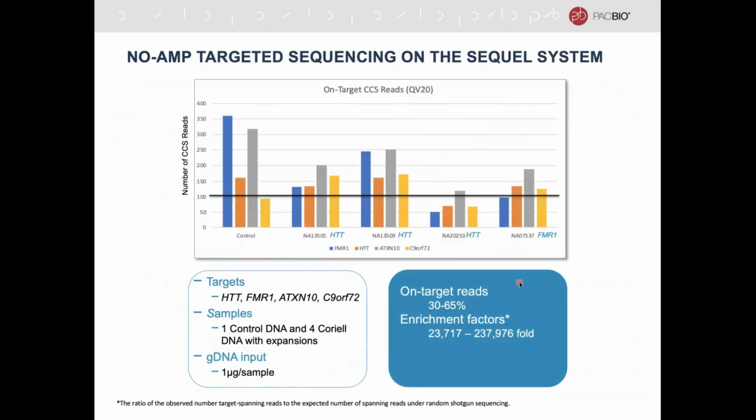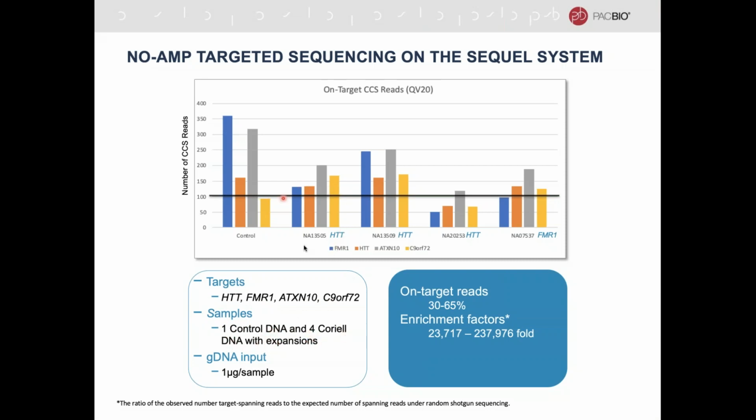Okay, so let's take a look at an actual sequencing run using the NOAP method. This run has been done on the Sequel system. And what we did is we had 4 targets that we multiplexed: HTT, FMR1, ATXN10, and C9orf72. We had 5 samples: 1 control DNA and 4 Coriell samples that had the disease expansion.